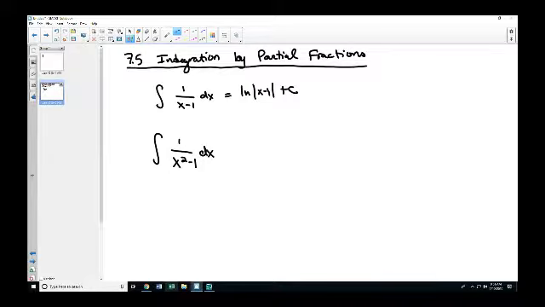So what we have to do is decompose this into partial fractions to get to this point. So there will be two of these. Okay, so what we need to do is split it up by factoring. So you factor most of the time.